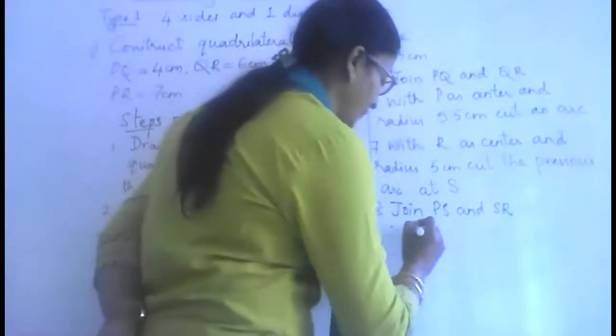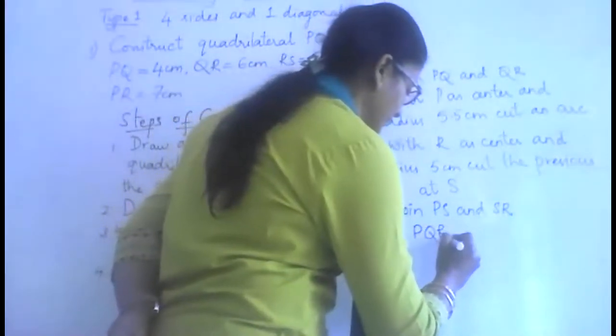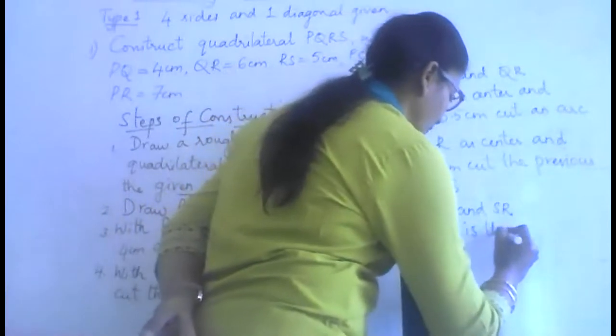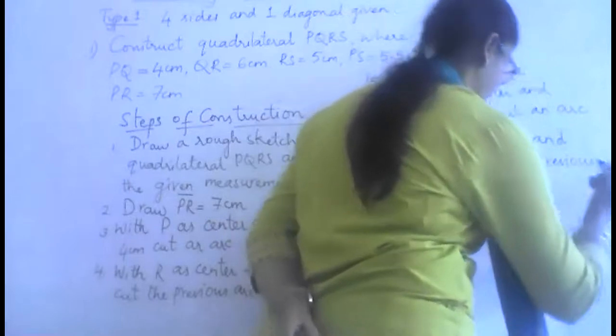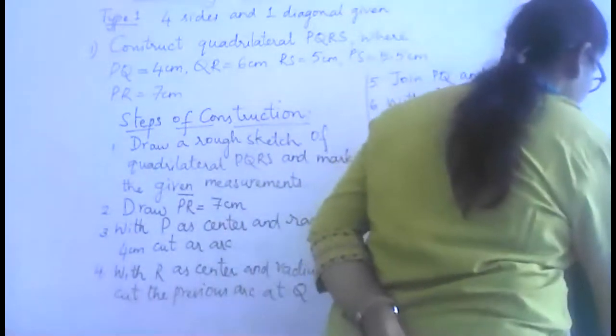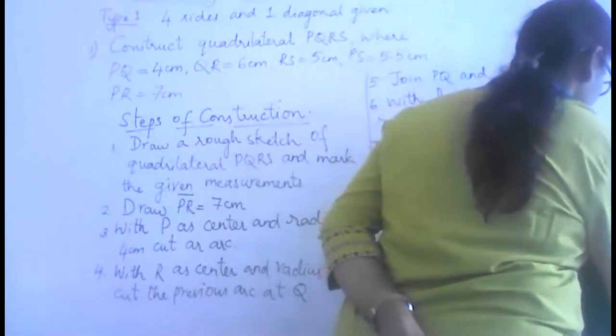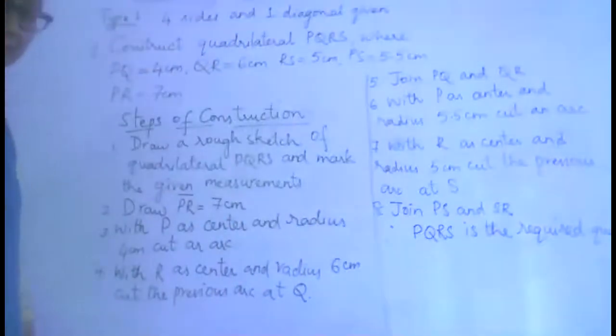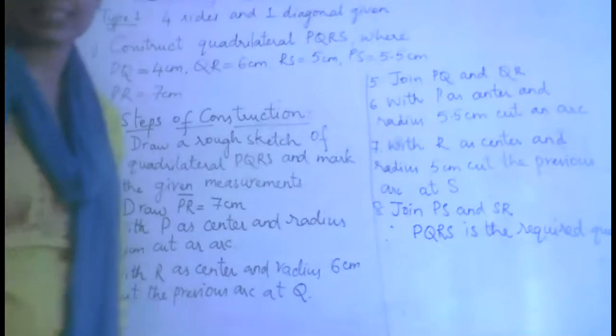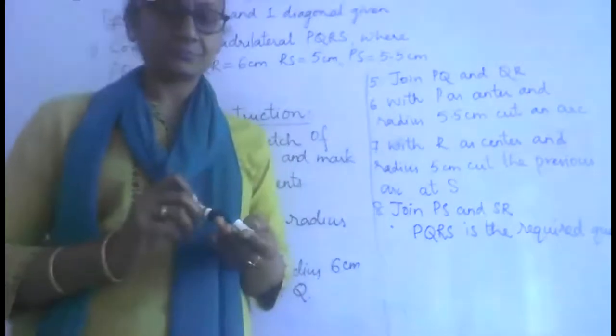So, PQRS is the required quadrilateral. This is how you conclude a construction. That's all. That's how you complete it. So our first construction is done.